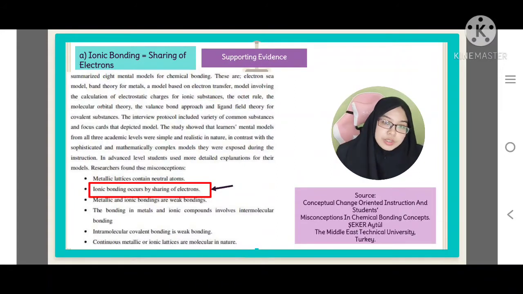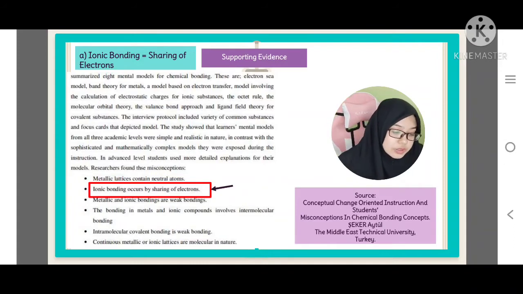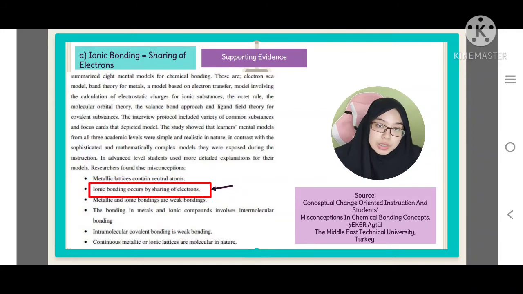And another article that I found as supporting evidence is from Turkey, the Middle East Technical University, where they conducted a study among students in Ankara, Turkey. It also stated that researchers found the misconception that ionic bonding occurs by sharing of electrons.